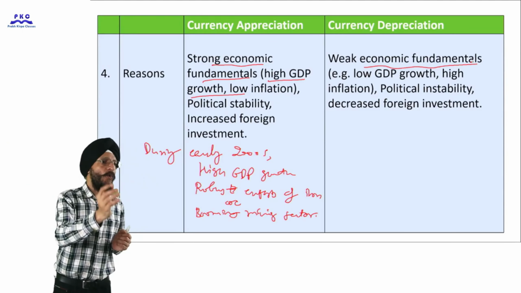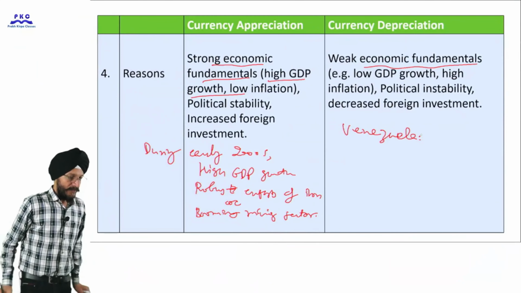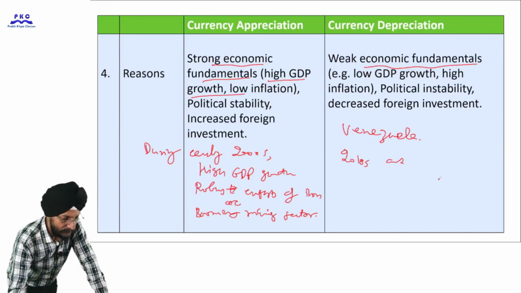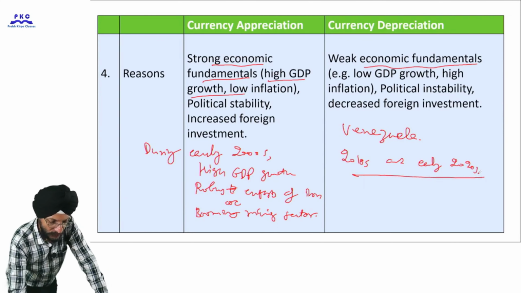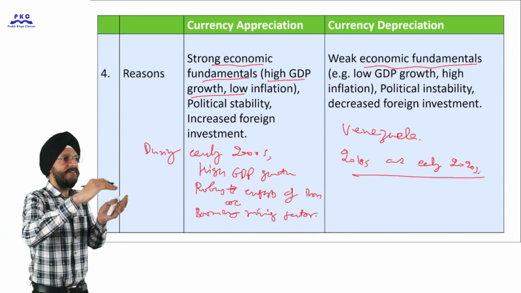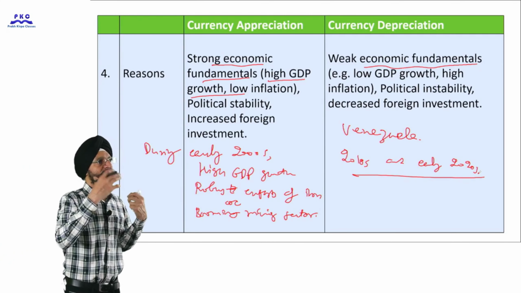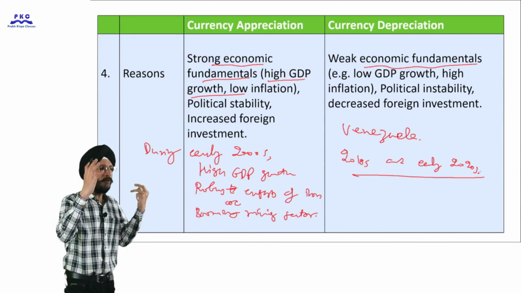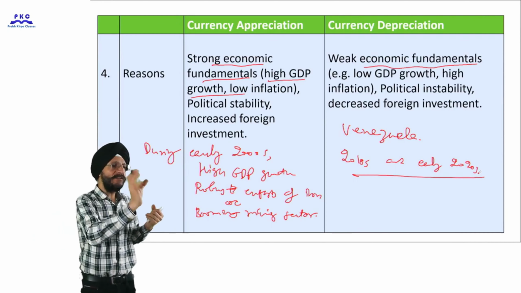We take the example of Venezuela. During the late 2010s and even up to the early 2020s, Venezuela suffered currency depreciation because there was low GDP growth, high inflation, the policies of the government were not good, and there was political instability.